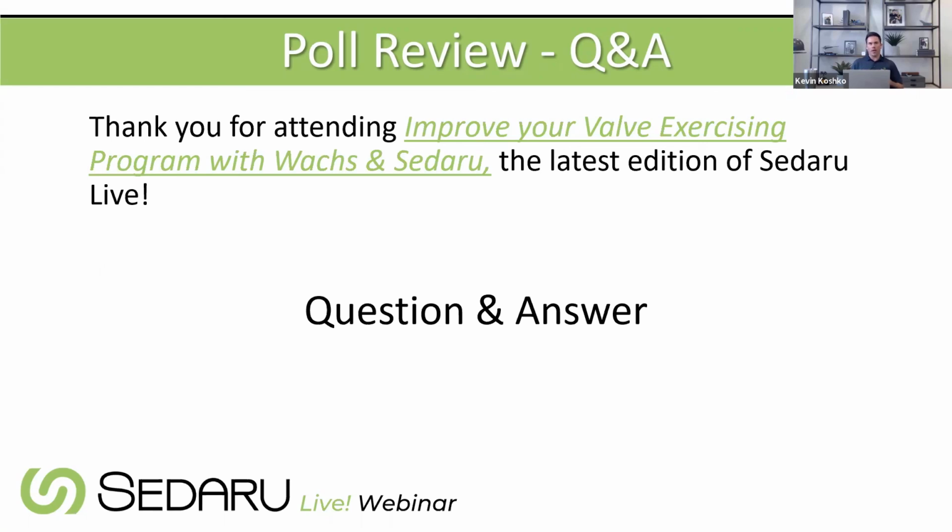The unit has its own microprocessor on board that determines the torque to be applied. We can set a torque limit, but the Wachs machine itself has that onboard logic that we wouldn't control. So I think there are opportunities to improve that, such as Sedaru potentially creating a form to run it a certain way as far as recommendations. But as far as the unit itself, it is limited to the way it was programmed through the Wachs unit.